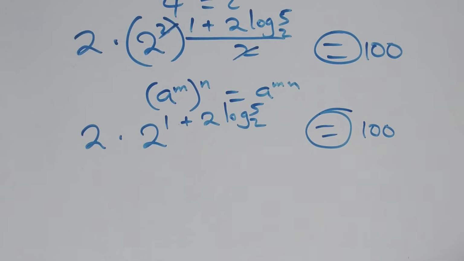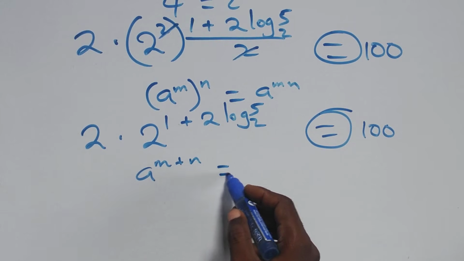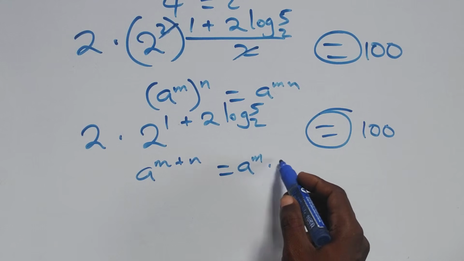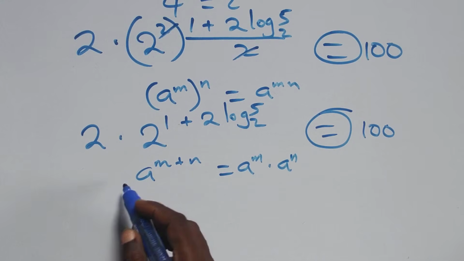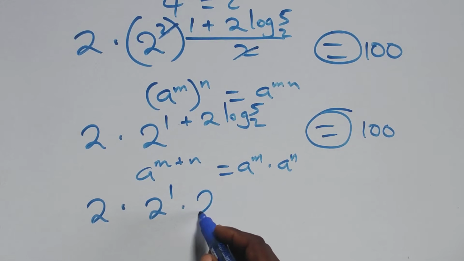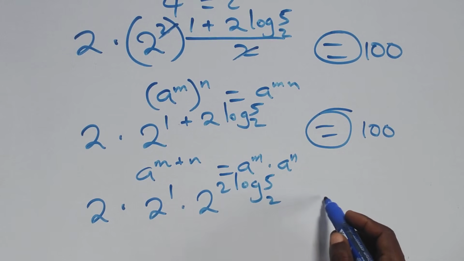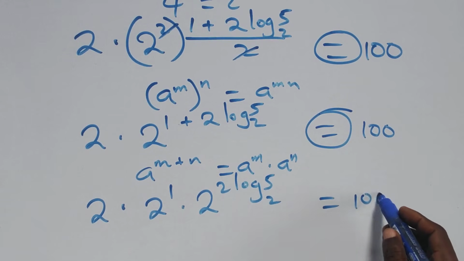So apply the law of indices. A raised to power m plus n is the same thing as a raised to power m times a raised to power n. So here we have 2 times 2 raised to power 1 times 2 raised to power 2 log 5 base 2 equals 100 on this side.